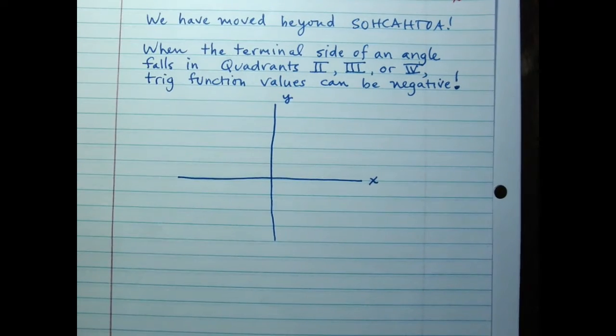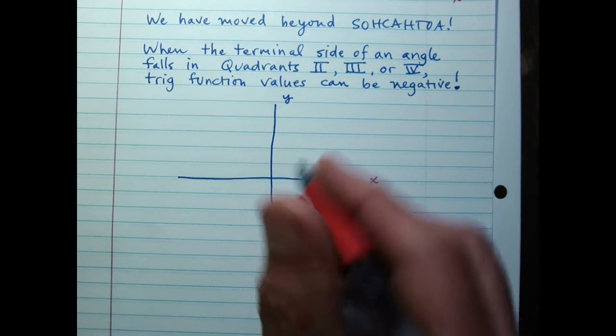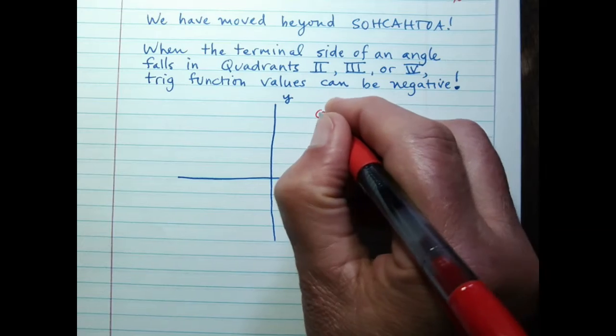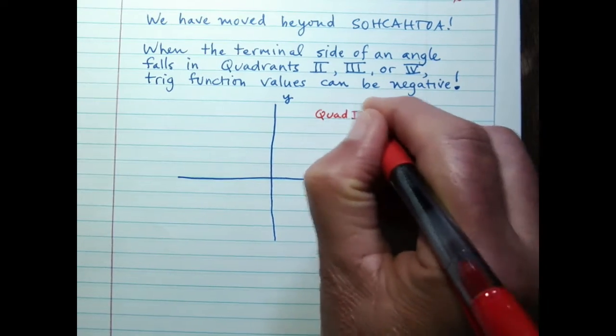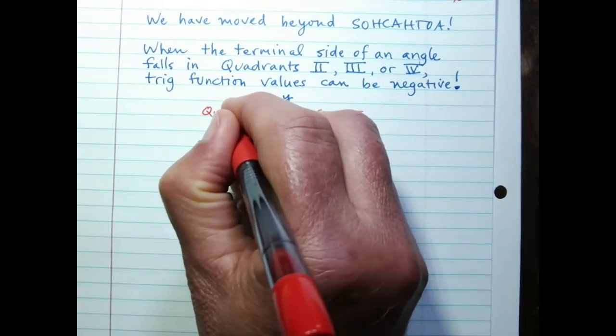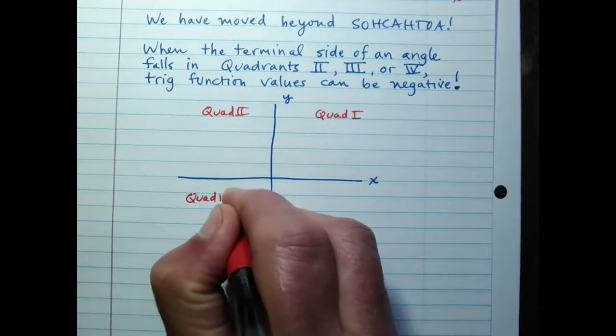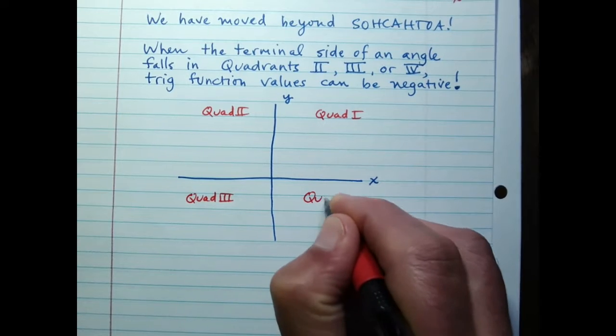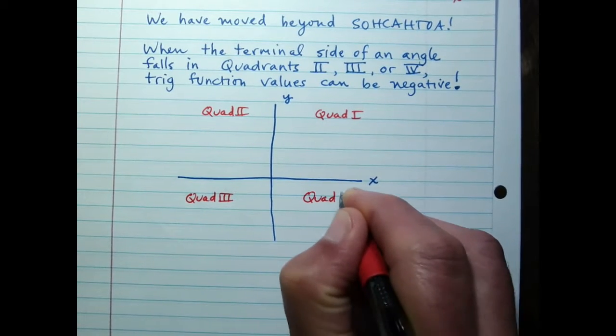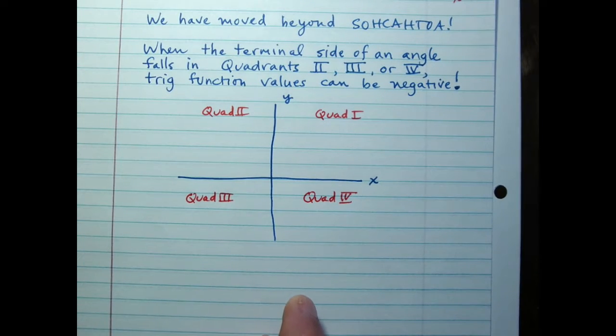I'm thinking of this as a coordinate system. So this is quadrant 1, quadrant 2, quadrant 3, quadrant 4. So the quadrants are connected to where these trig functions turn out to be positive and negative, right?